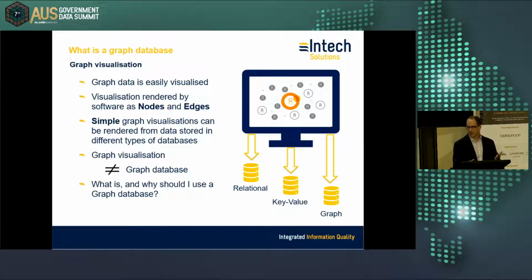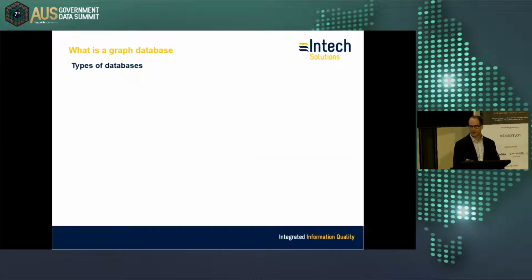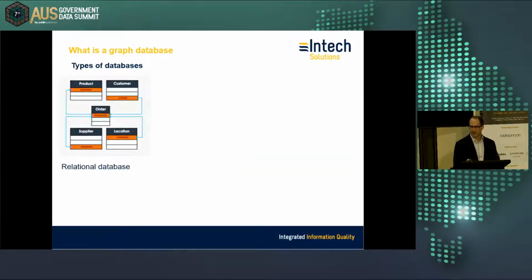So what is a graph database and why should I use it? A lot of this is going over things you no doubt already know, but I'll point this out in a bit more detail. So firstly, relational databases. Relational databases generally have a schema defined by tables, which makes it reasonably rigid. You can add tables, you can maybe add a column to a table, but generally when you have a data model in a relational database, it's pretty rigid.